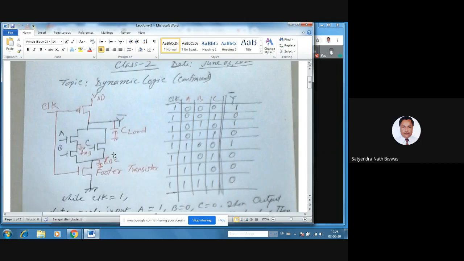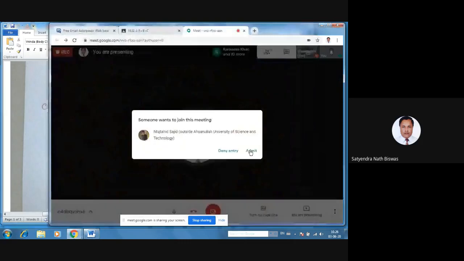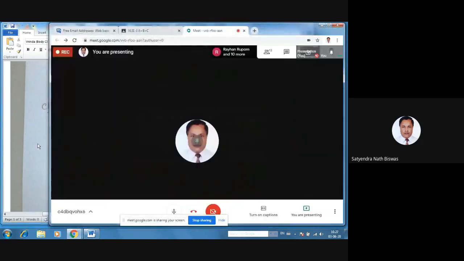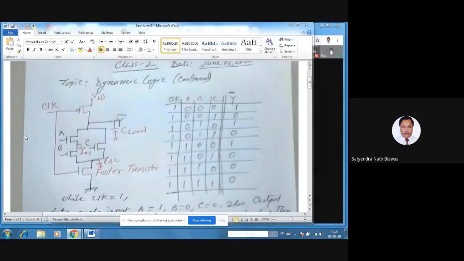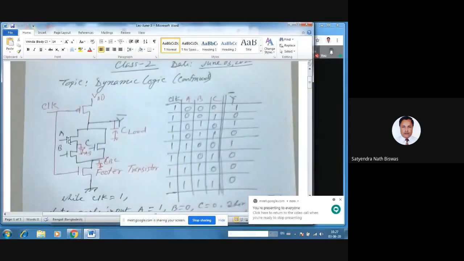And the next time, if we go back to the previous condition, A equal to 1, B equal to 0, and C equal to 0, then B and C are again off, but A is again on.